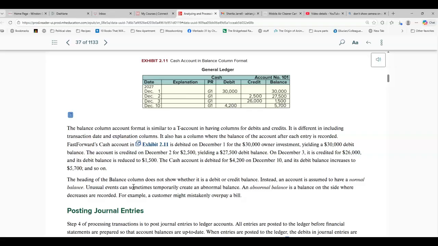And it says here, unusual events can sometimes temporarily create an abnormal balance. An abnormal balance is where you're overdrawn at the bank, so you have negative cash. At that point, we would put parentheses around that balance to show that it is abnormal, or in this case, a credit balance.